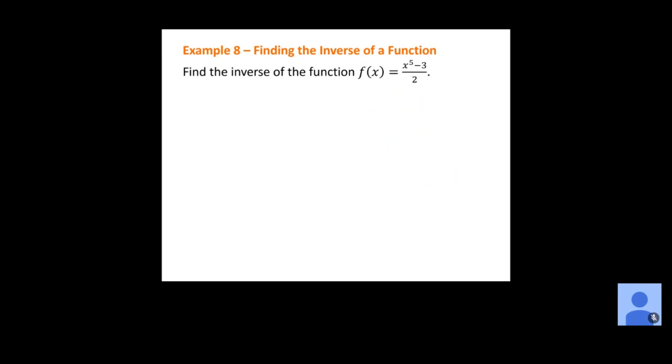All right. Let's take a look at this one now. So same thing, we want to find the inverse function of x to the fifth minus 3 over 2. All right, so what's our first step going to be here?